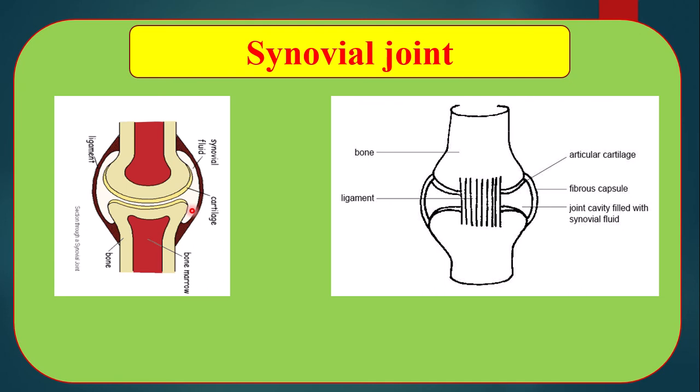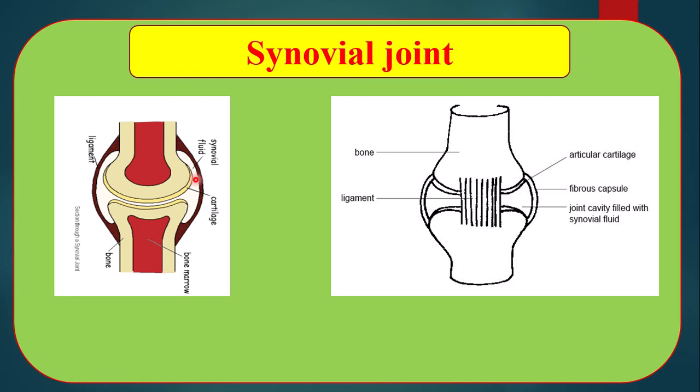Then synovial fluid and a cover of capsule, which is a tough fibrous tissue or ligament that firmly holds the joint. That means this cavity or capsule is called the synovial cavity, and the synovial cavity is filled with fluid which is called synovial fluid.